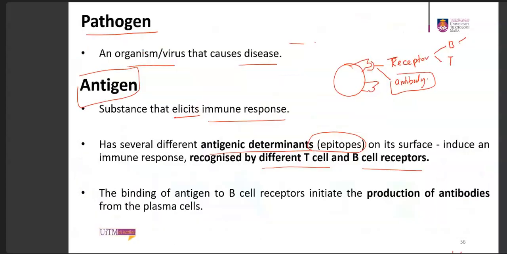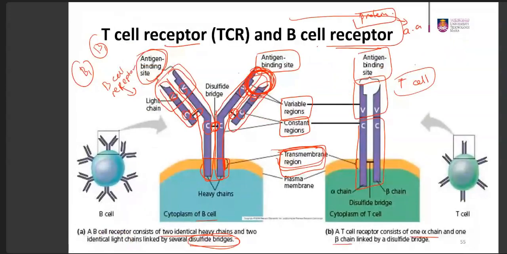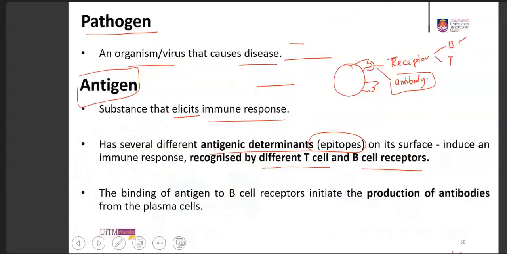So I repeat, the B cell receptor has the same shape as the antibody secreted by the plasma cell or the effector B cell, except that it is lacking the transmembrane region because the antibody is secreted into your body fluid.